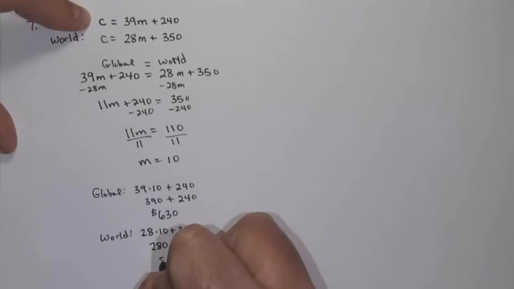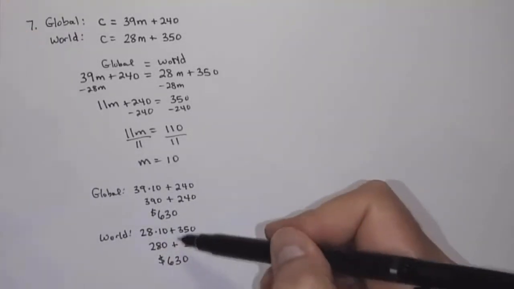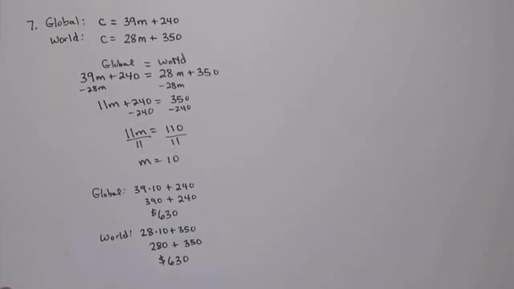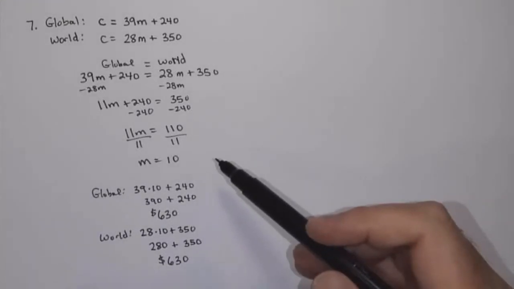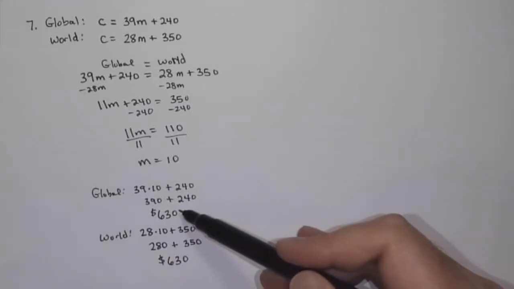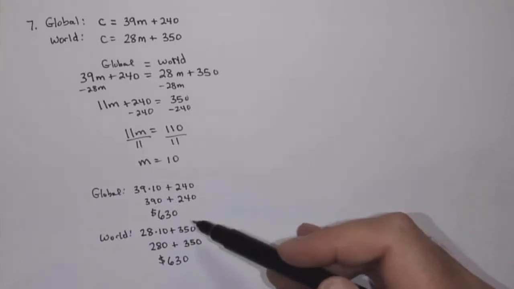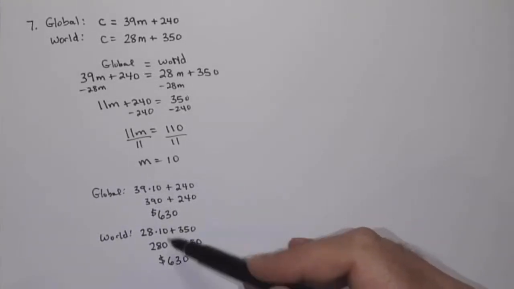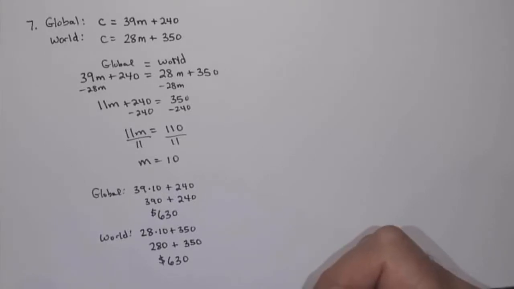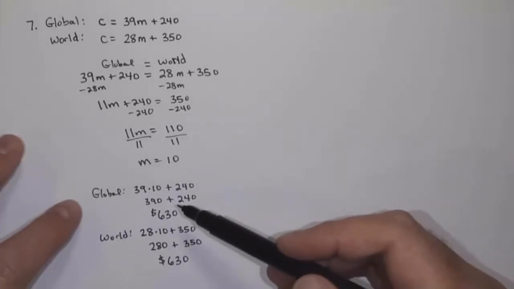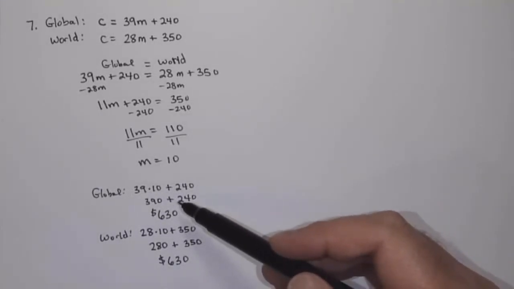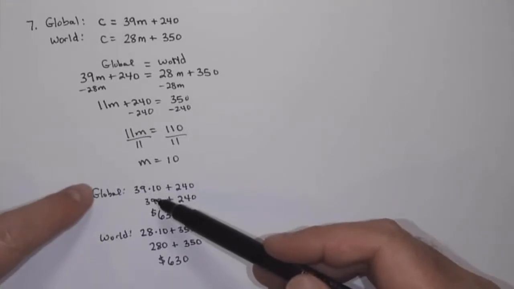So at 10 months, Global and World cost the same amount. If Nugent's going to keep the satellite system for 10 months, it wouldn't matter which company he goes with. But if he keeps it for under 10 months, then he would be better off going with Global.